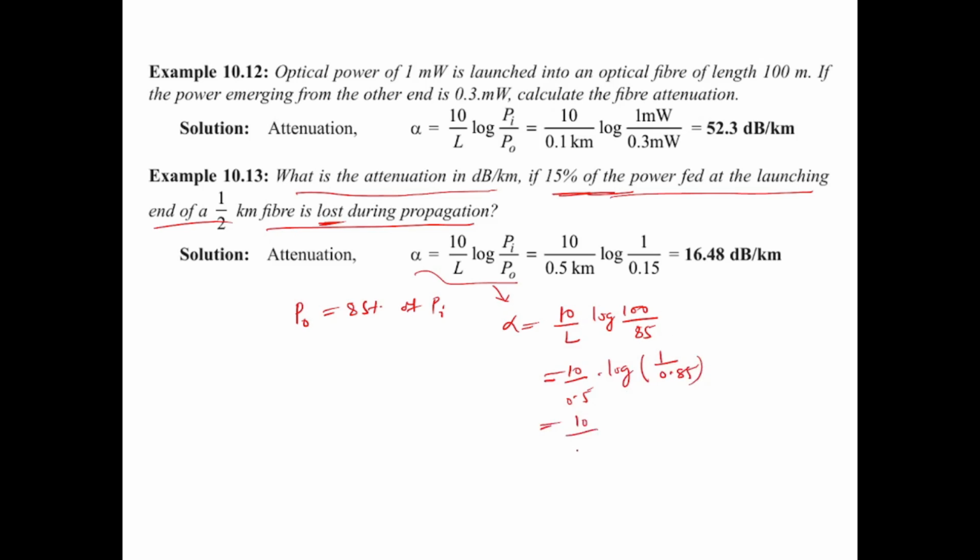So 10 by 0.5 log of 1 by 0.85, you just calculate, I think it will be 1.176. You just calculate it in your calculator. After calculation, it can be found that the value will be 1.4 decibel per kilometer. Okay, I think this answer is somewhat wrong, so do not follow this answer.